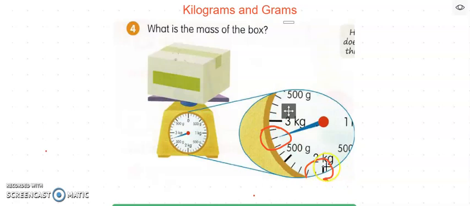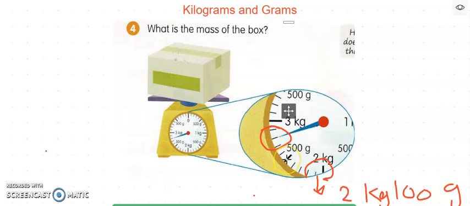So this point is 2 kilograms and 100 grams. After that we have 2 kilo 200, here 2 kilo 300 grams, here 2 kilograms and 400 grams.